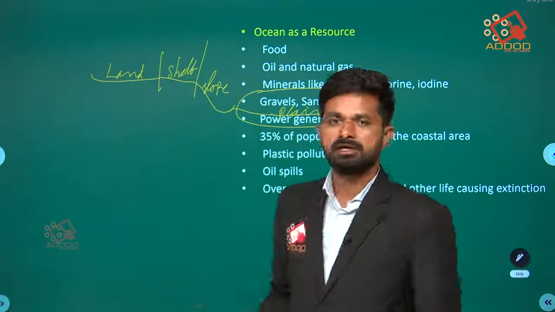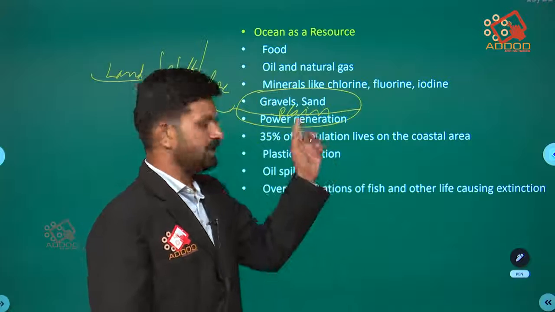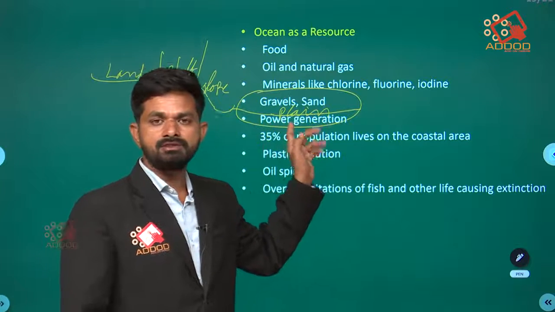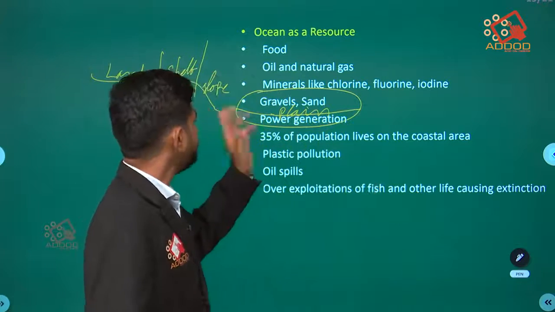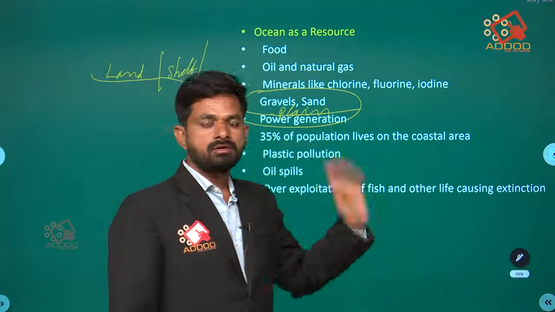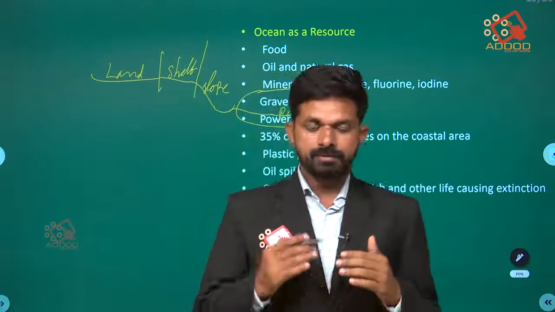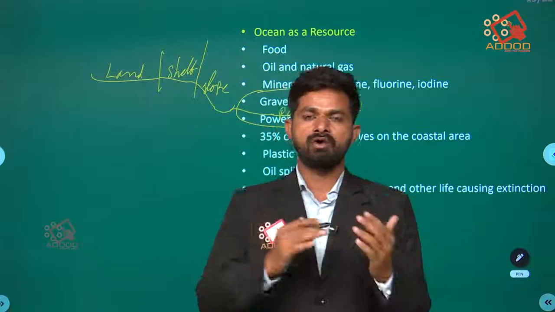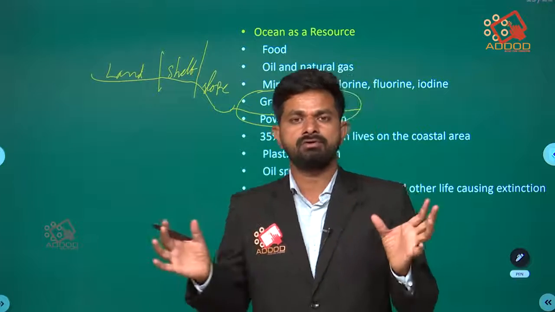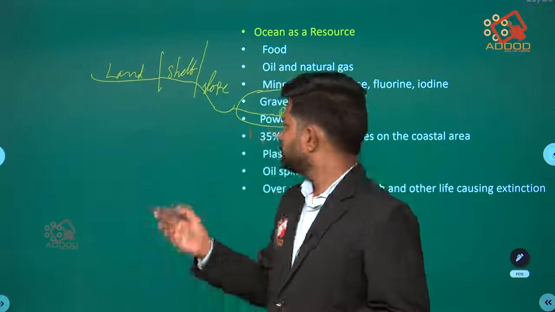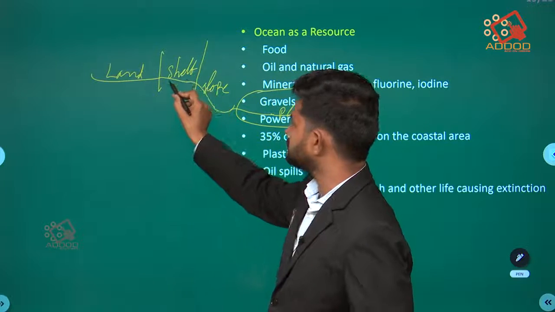Because ocean plains do not have a good amount of life except on the continental shelf. Then where is this possible? Because of the presence of sunlight and water, everything should be there, and only then will it have a good amount of life. These continental shelves are the margins of the continents.